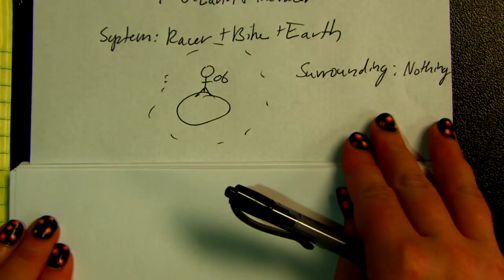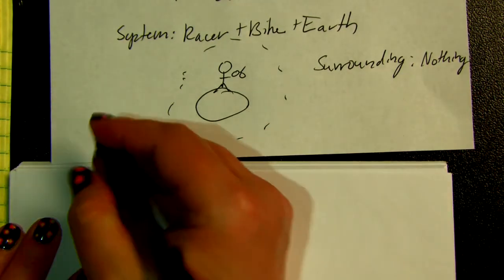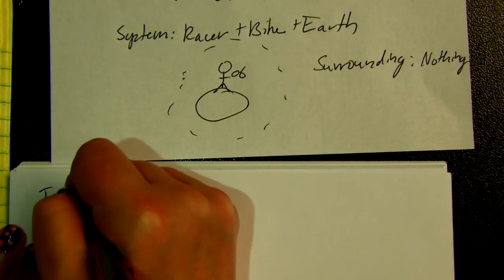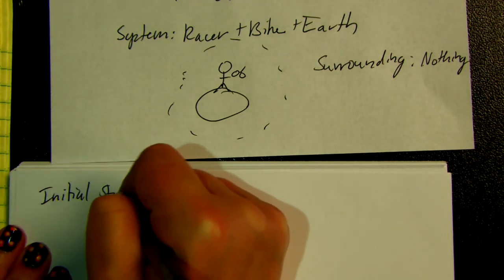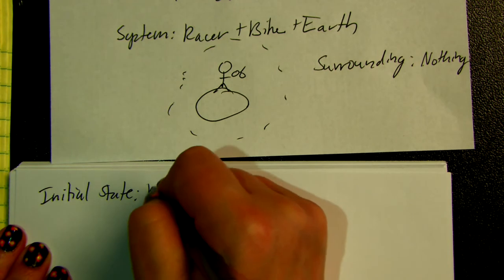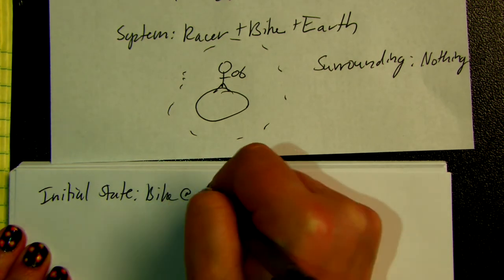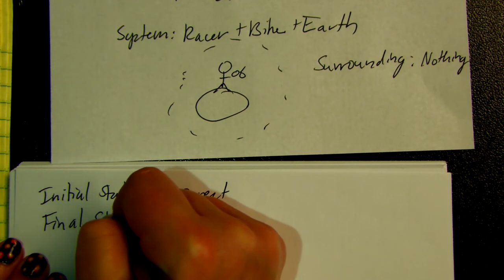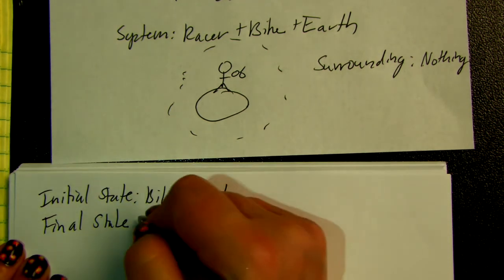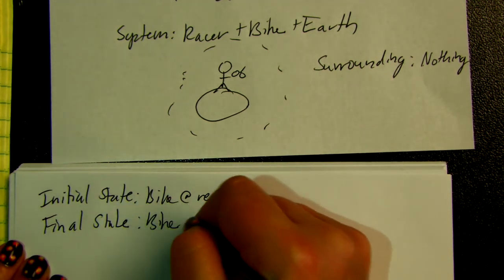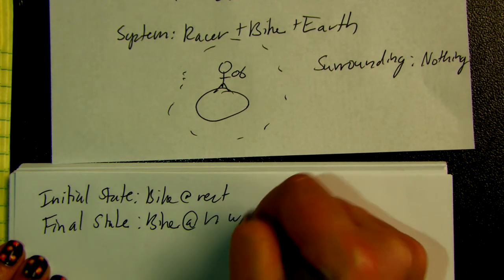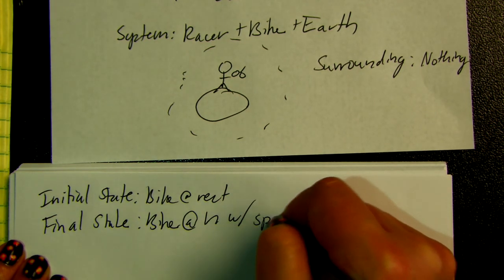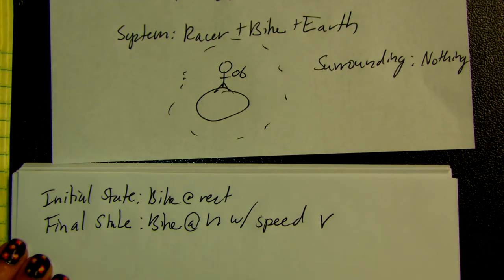So there we are. The initial state is bike at rest, ready to be lifted. And the final state, bike at h with speed v.